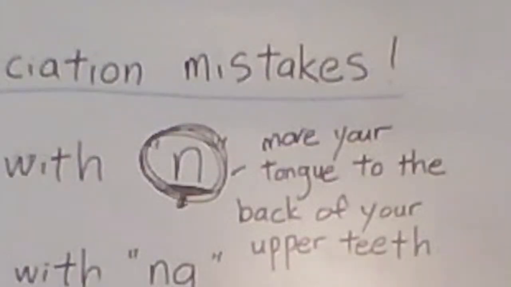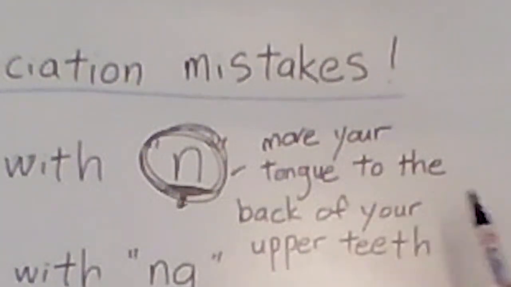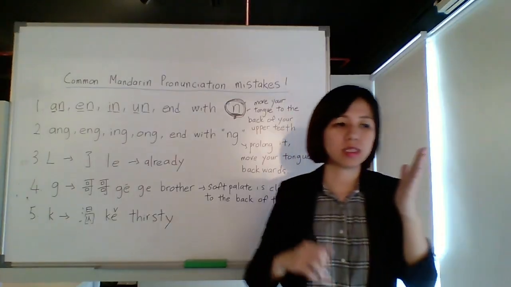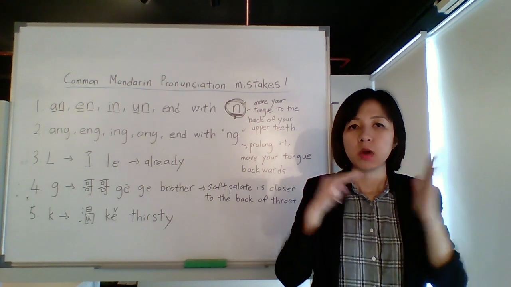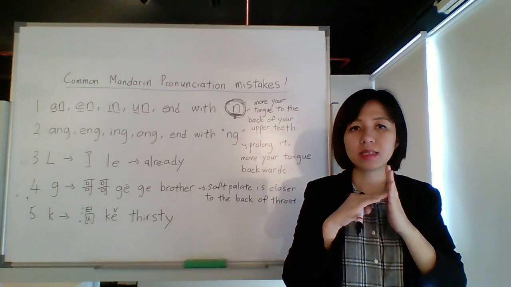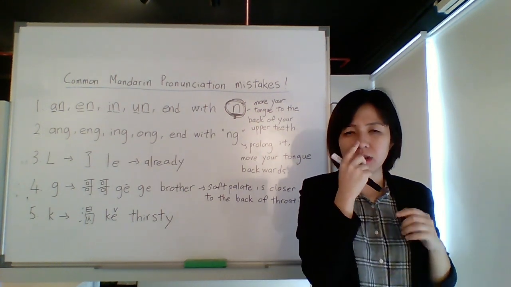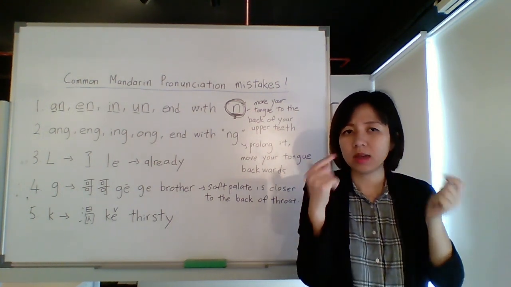But how to pronounce it? Move your tongue to the back of your upper teeth. This is your lower front teeth, this is your upper front teeth. When you pronounce it, imagine the sound comes to the front.